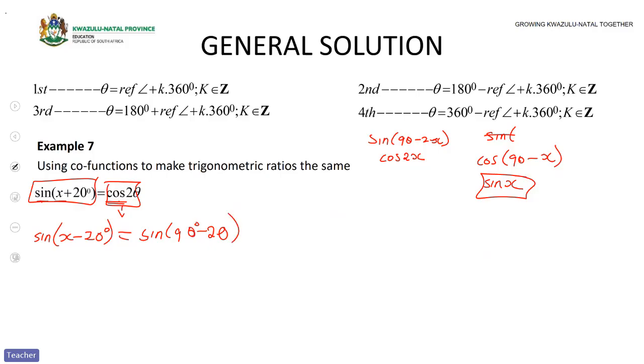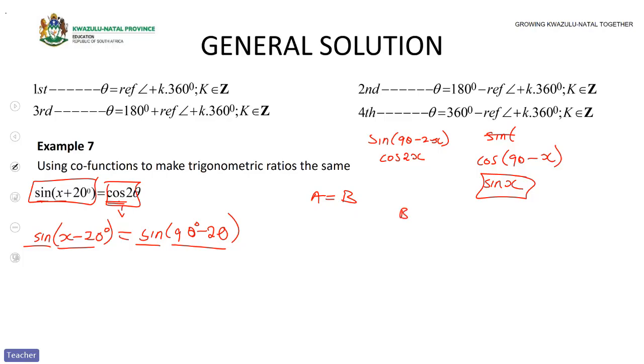So now you can see that we are dealing with sine. Using cofunctions to make the trigonometric ratios the same, they are now the same. So once they are the same, you can now equate these two, because for the left-hand side to be equal to the right-hand side, this angle must be equal to that angle.